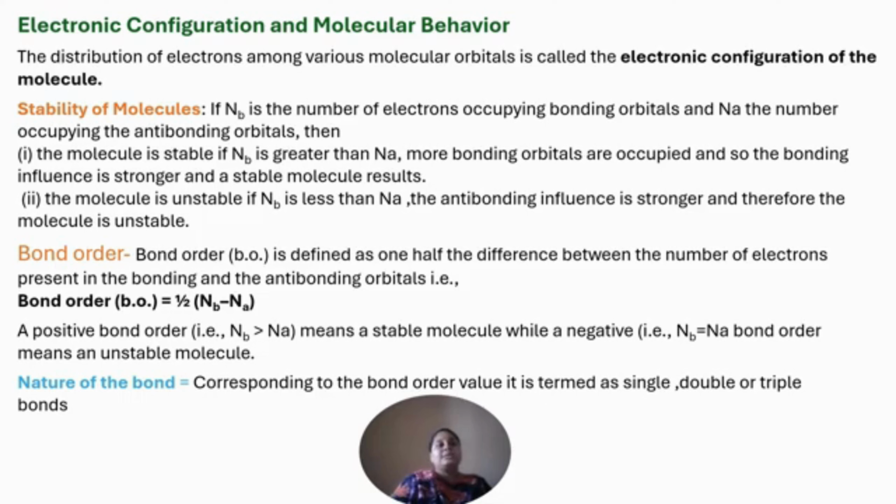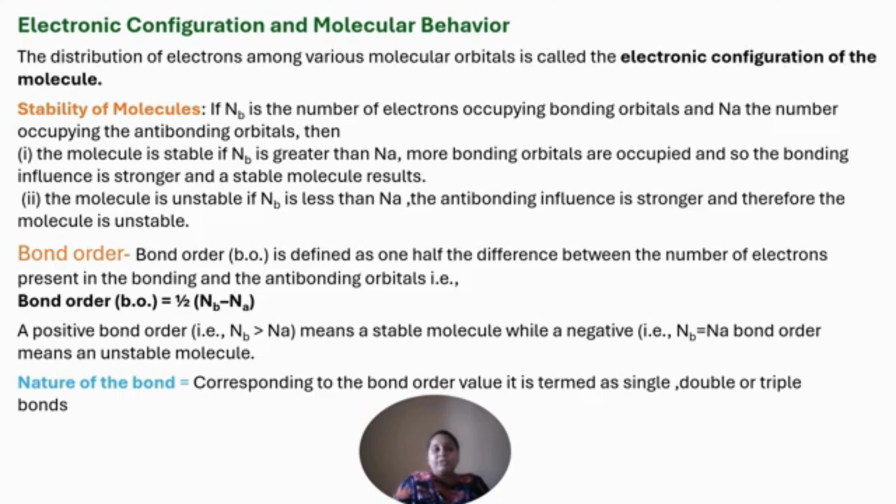If the molecule is stable, Nb is greater than Na, so more bonding orbitals are occupied, the bonding influence is stronger and a stable molecule occurs. If the molecule is unstable, Nb is less than Na, so the anti-bonding influence is greater and therefore the molecule is unstable.